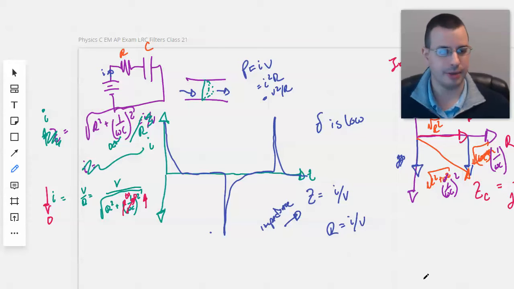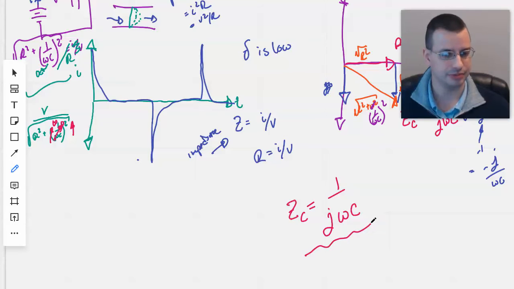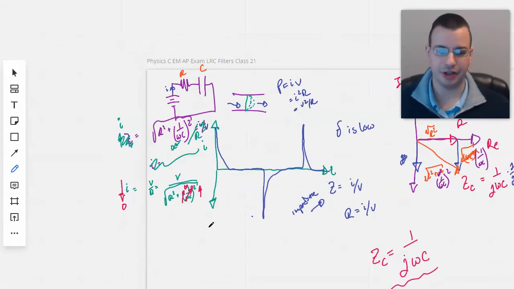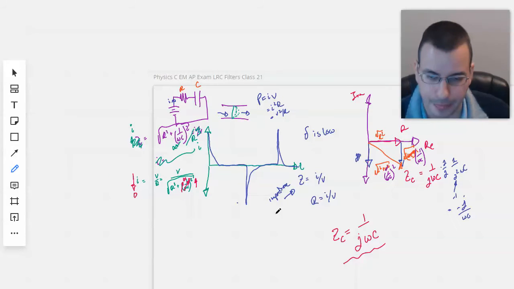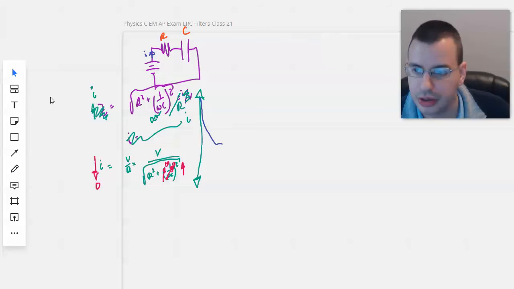We can model the capacitor as having something that's similar to resistance, which we'll call impedance, which is 1 over the imaginary number j times the angular frequency times C. And that will tell us, based on the frequency, how much resistance to flow we're going to have. Cleaning up the board real quick.